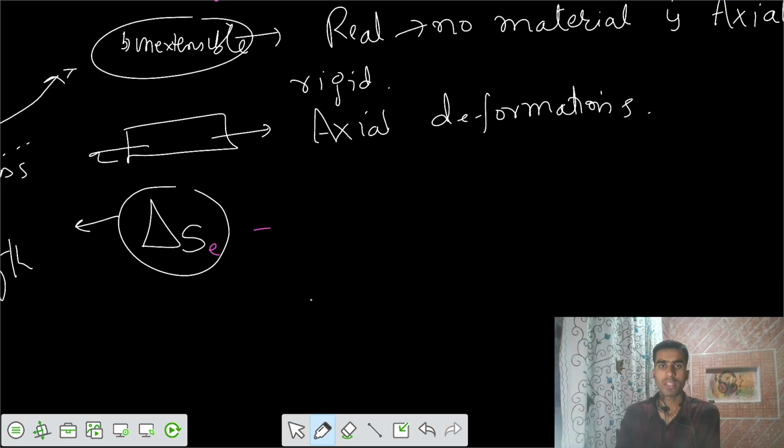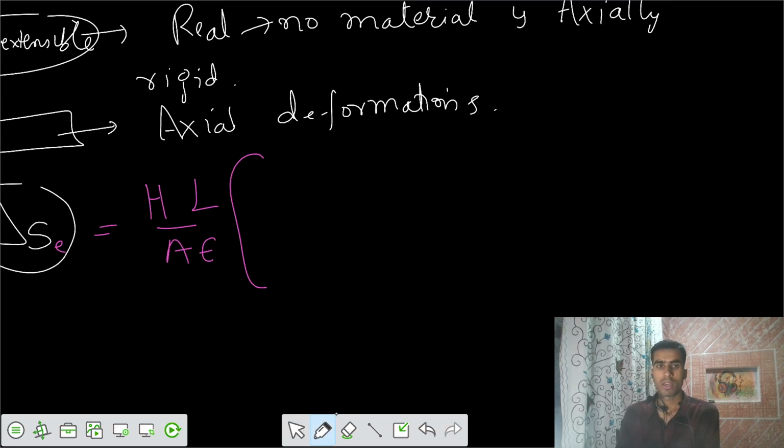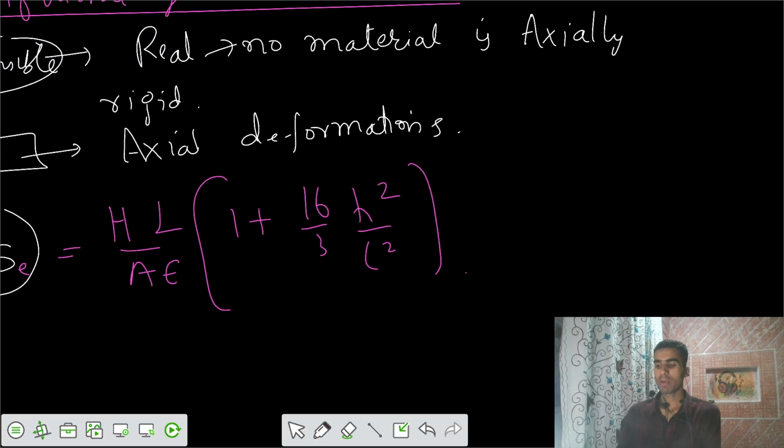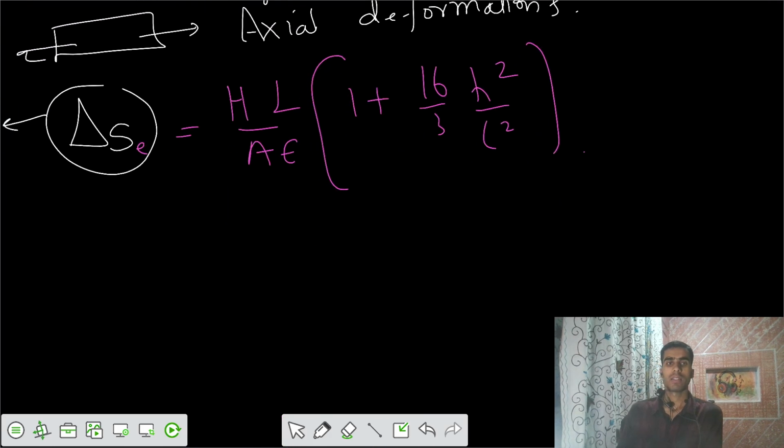That equals PL by AE. Similarly, we have HL by AE, and you have a factor of 1 plus 16 by 3 h square by L square. This is the equation if the cable is parabolic symmetric.